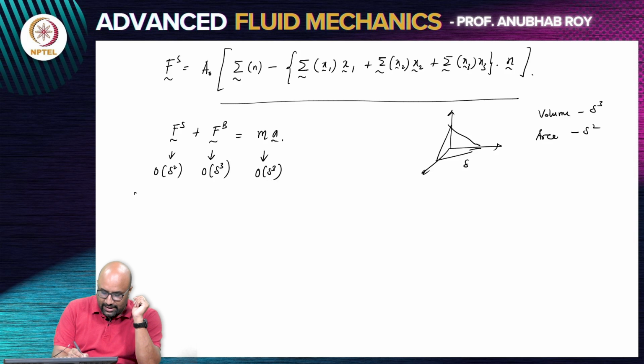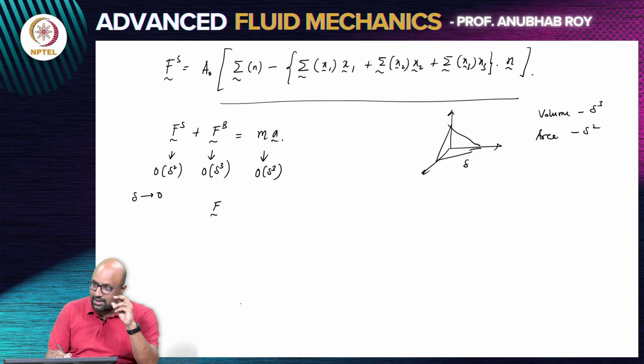Which means if I take the limit of delta going to 0, I arrive at the conclusion that for a tetrahedron that is infinitesimally small, the sum of all the surface forces should be equal to 0. So this is the idea: if we shrink the tetrahedron, the dimension is vanishing, then the surface forces will be the ones that survive, because the body forces and the acceleration will go to 0 faster.